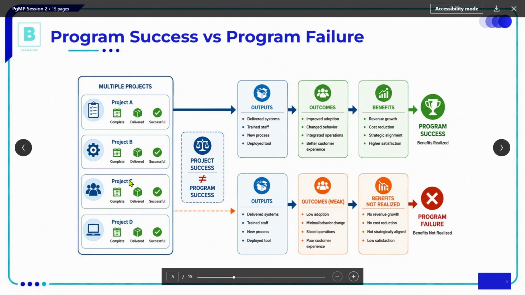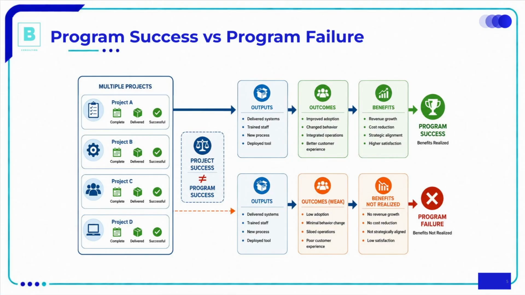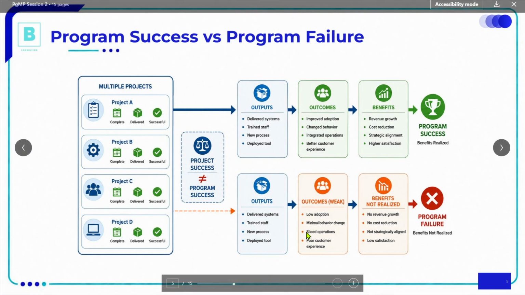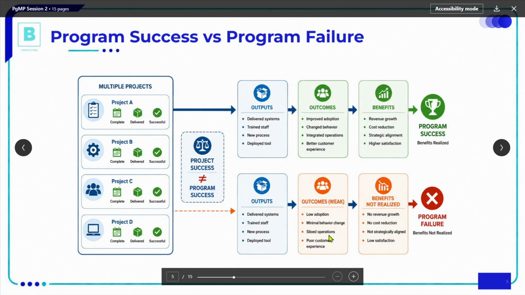Now, taking the same projects and the same deliverables, they would give the same output, but with weaker outcomes. Yes, we have delivered the systems, but there was low adoption. We have trained the staff, but there was minimal behavioral change. We have improved the processes, but operations were siloed. We have deployed the tool, but we did not see any improvement in customer experience.